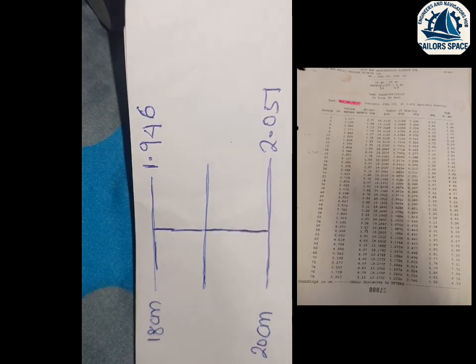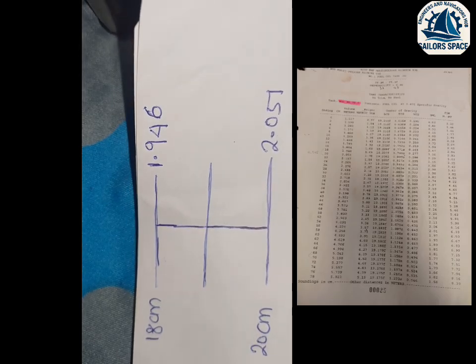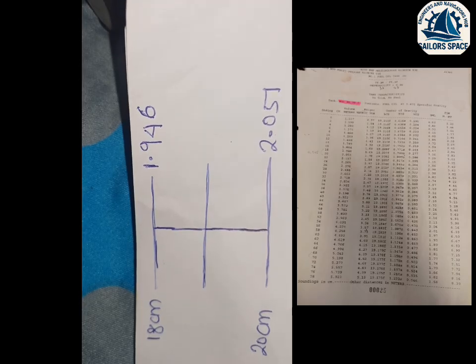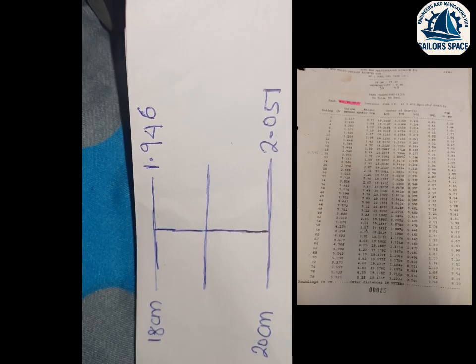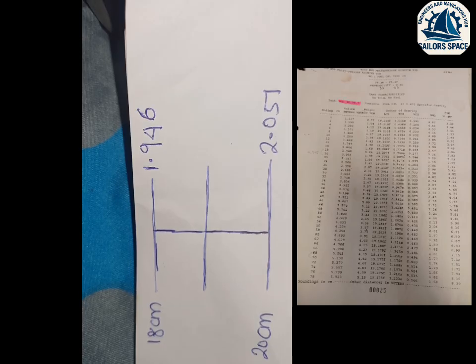The reason for this interpolation is that when we go to do sounding, we may find a value that is not in the sounding table. How do we get to know this value? Most sounding tables, depending on tank capacity, size and design, have intervals of 2, sometimes 5, sometimes even 1.